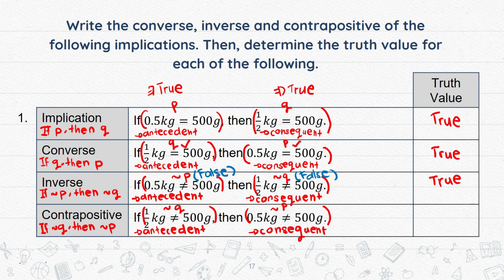Same as the inverse, we know tilde Q is false. Tilde Q is the antecedent. If the antecedent is false, then the whole implication, this contrapositive, will be true.